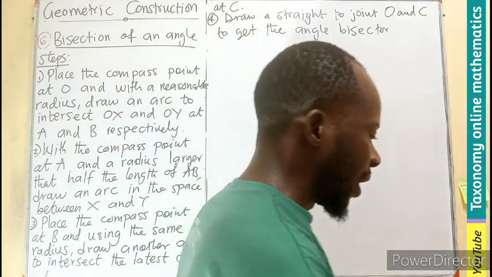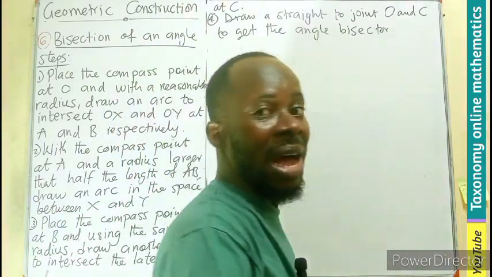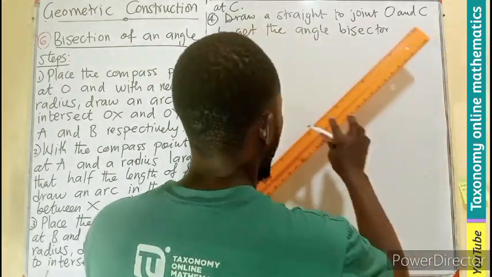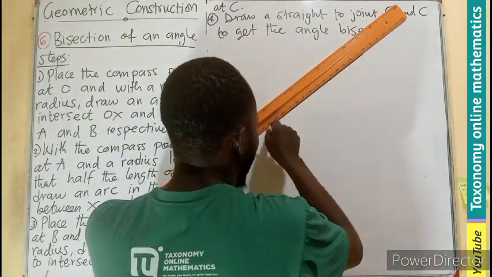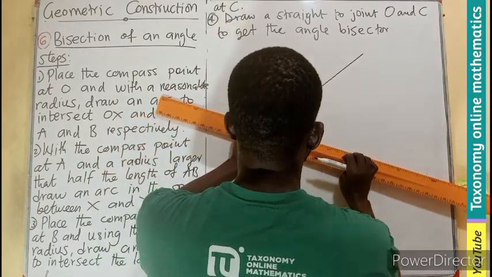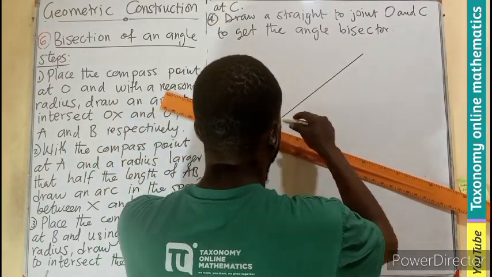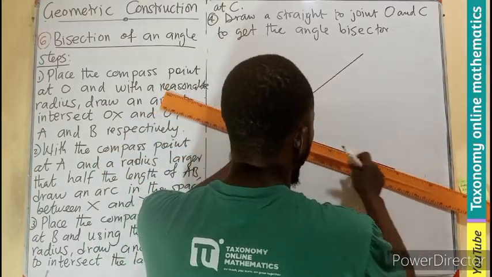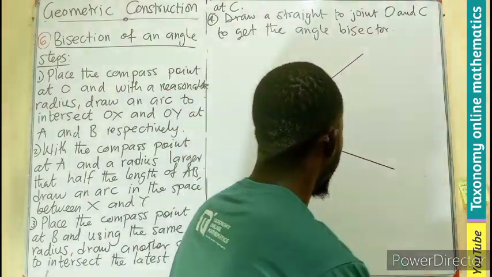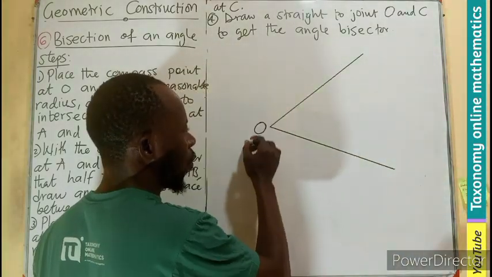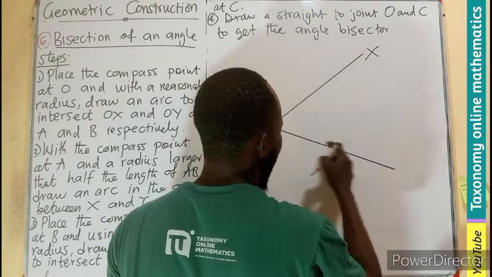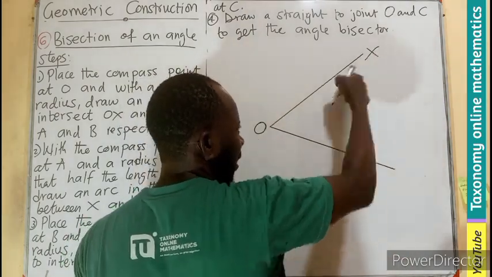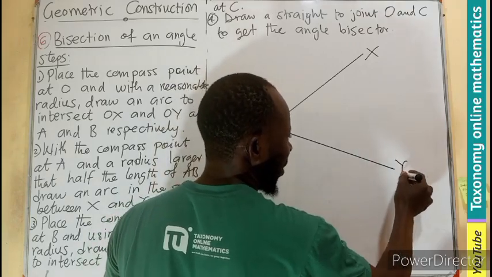So first of all, let's have a sketch of our angle. We know angles are formed when two lines intersect or two lines meet. The meeting point of two lines or two rays, if you can put it that way. So this is the initial point O. So we have the vertex, the initial line, then the terminal line.